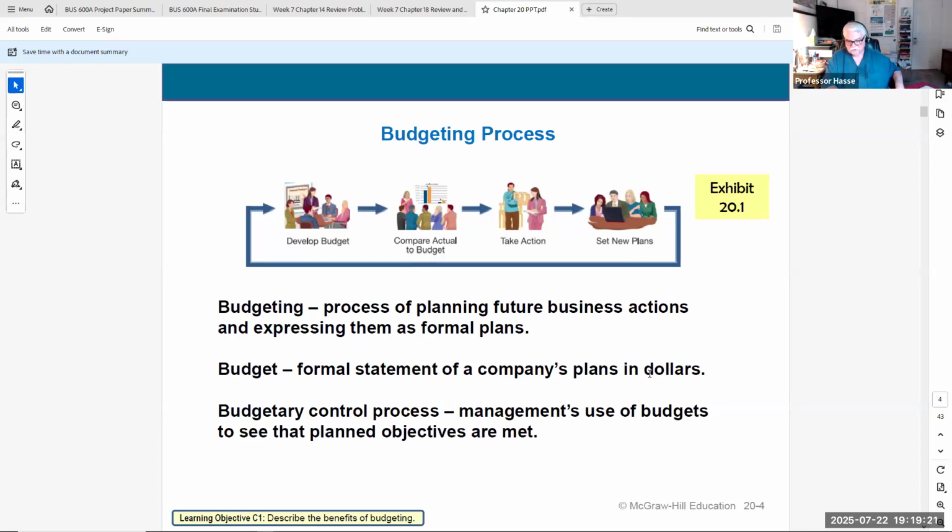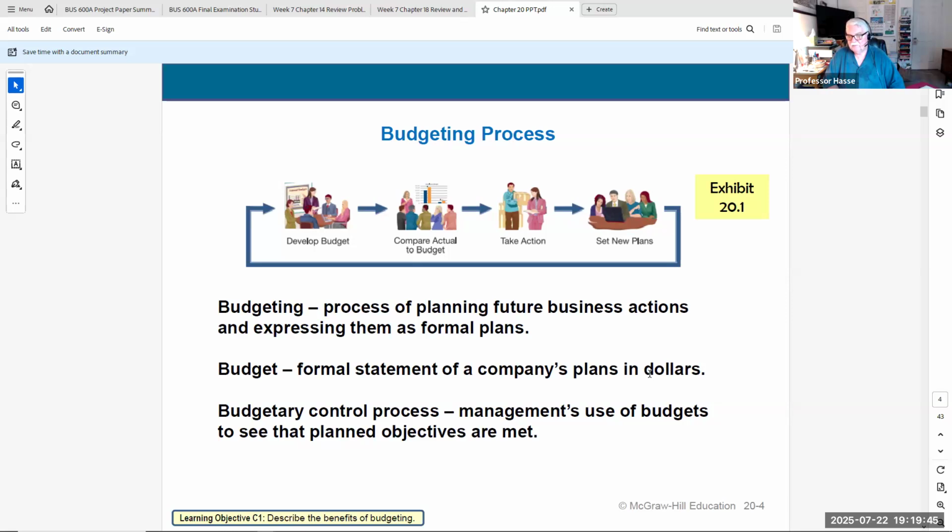I'm sure a lot of you in your jobs where you're working now, part of your dealings in your company involves a budget. Some type of plan or some type of budget in your department, in your office, in your division, wherever. You probably have a budget.